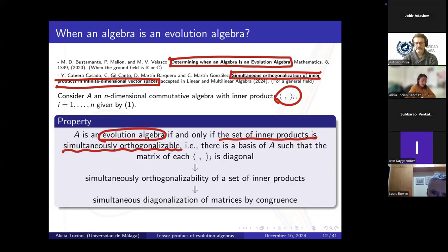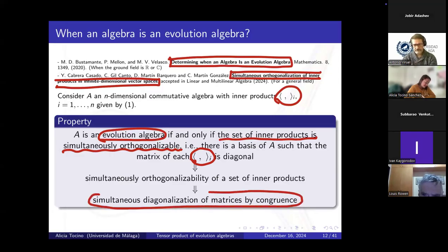That is, there is a basis of our algebra such that all the matrices associated to each inner product are diagonal. So we have to discover if all the matrices can be simultaneously diagonalizable by congruence.